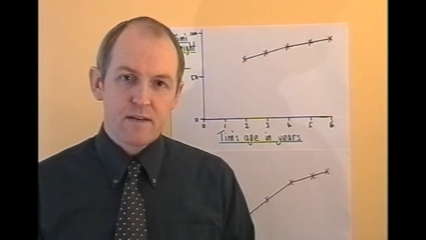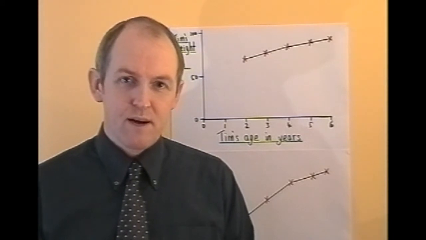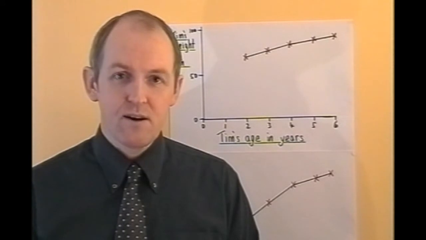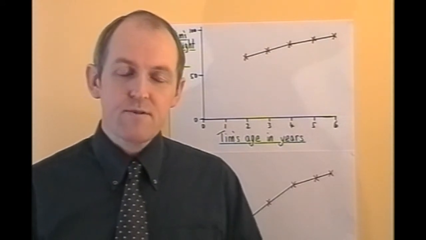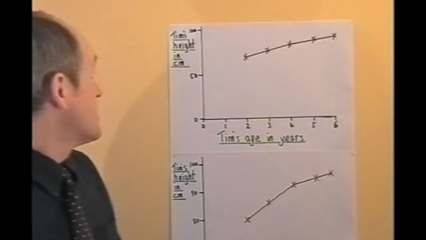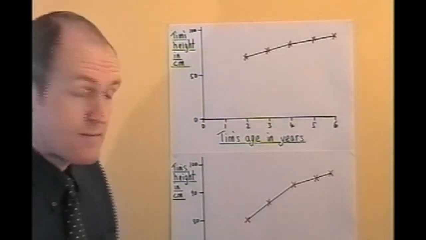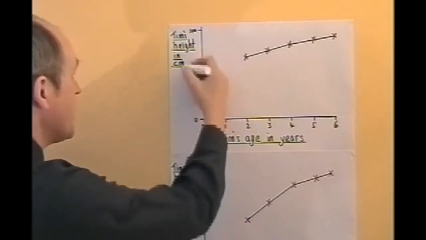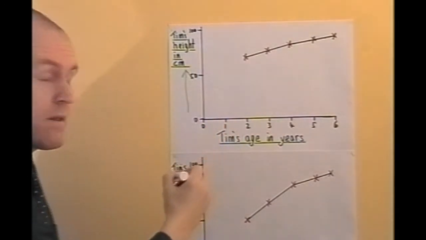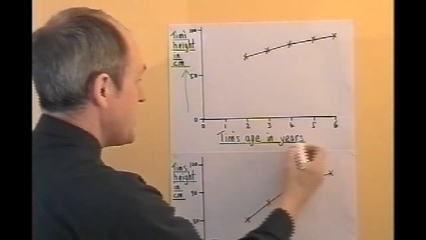Now the next aspect of descriptive statistics I want to talk about is graphs, charting things on graphs or charts. And the first is a very simple example just to get us thinking about this. All we've got here is a plot of Tim's height. So this scale here is Tim's height in centimetres, and this is Tim's age in years along here.